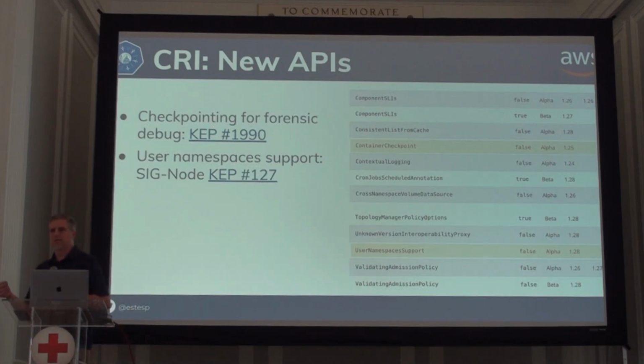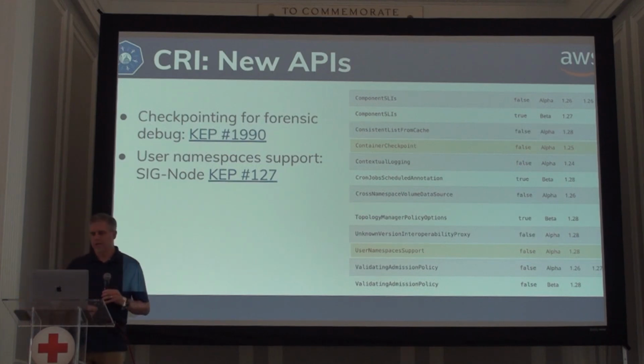It's taken many years to figure out how to do that at the Kubernetes level because of all the interplay between runtimes and node-specific concerns and different runtime implementations of user namespaces. And so it's interesting that that has just now come into Kubernetes in a very recent release.